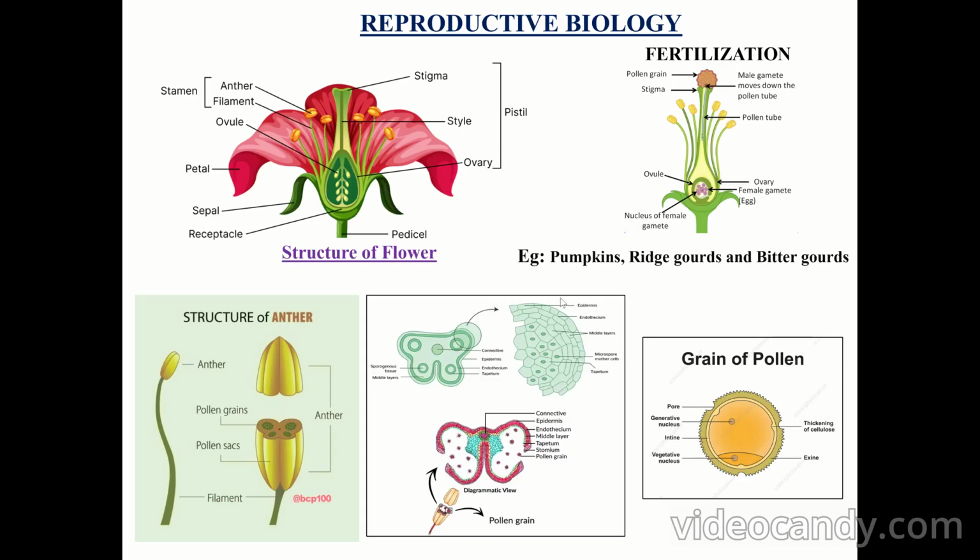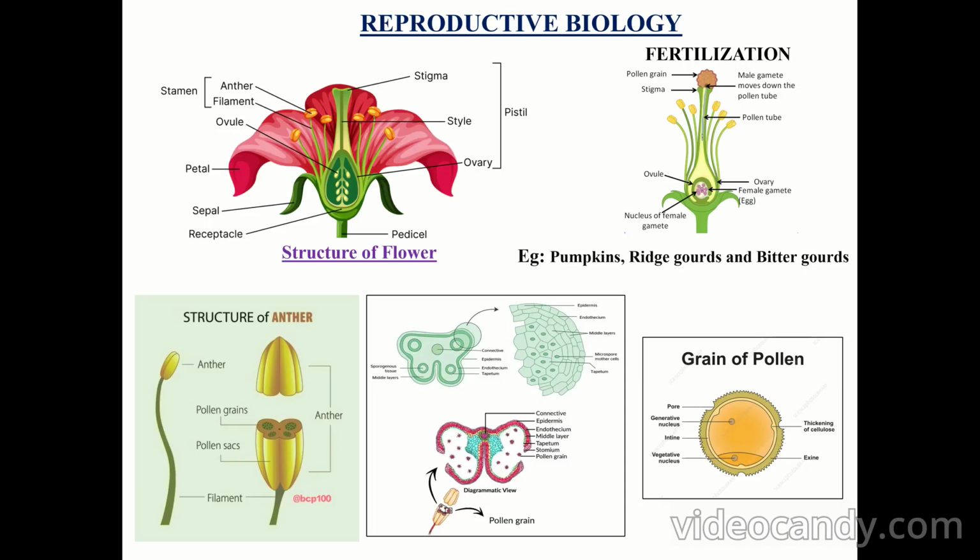Coming to the structure, it has the outermost epidermis. Next to the epidermis, there is a layer called the endothecium. Endothecium helps in the dehiscence of the anther.